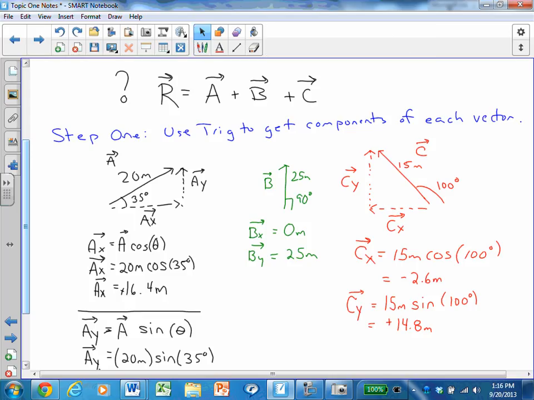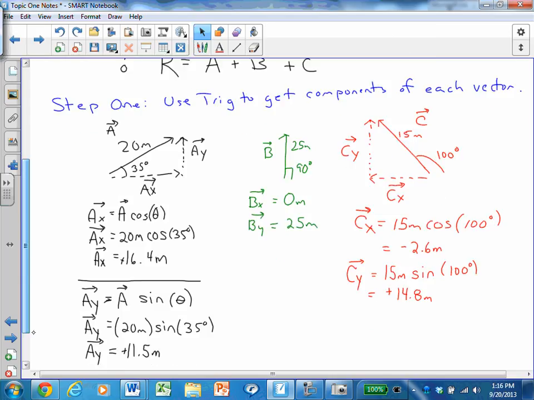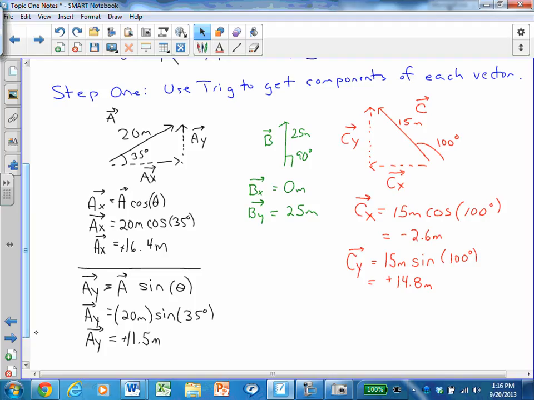Now we've broken it down into the components of each vector. Okay? We had 3 vectors we're adding. We want to find the resultant of the 3 vectors.